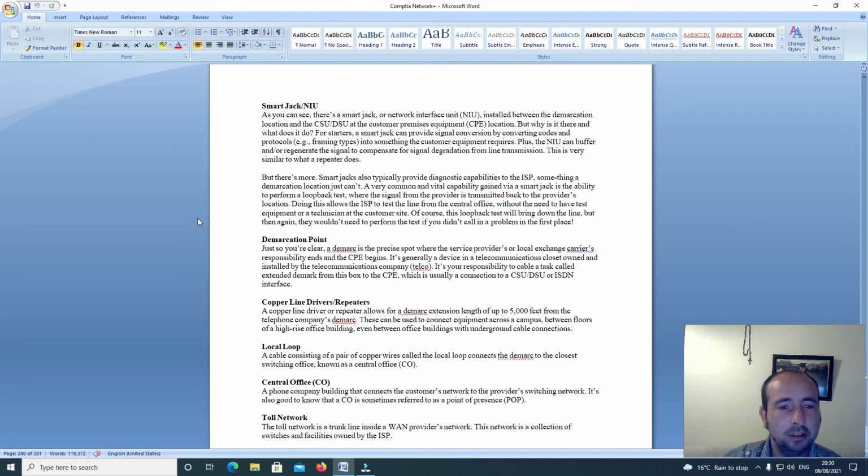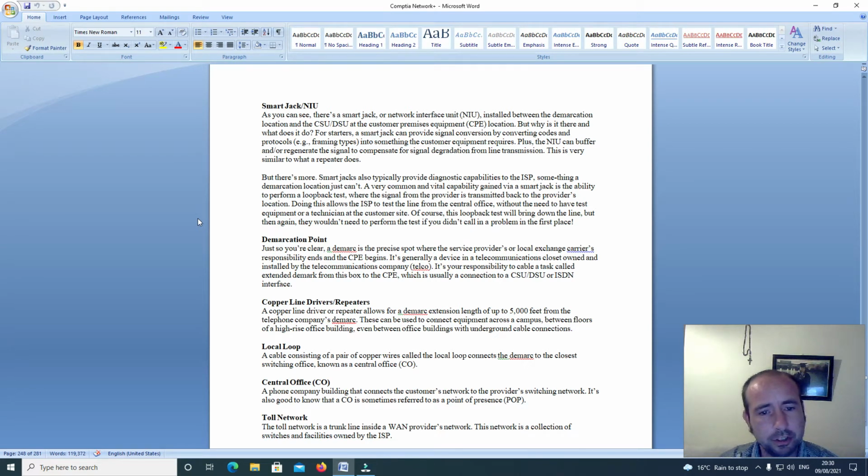Smart jack. As you can see, there's a smart jack, or network interface unit, NIU, installed between the demarcation location and the CSU/DSU at the customer premises equipment, CPE, location. But why is it there and what does it do?